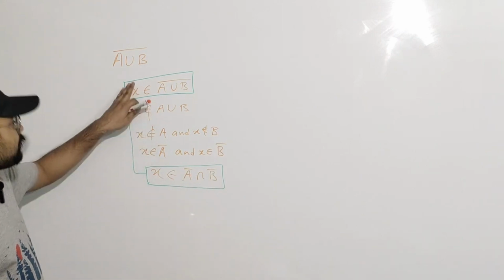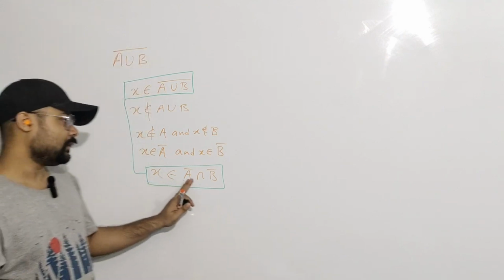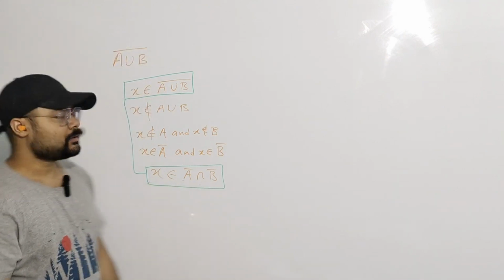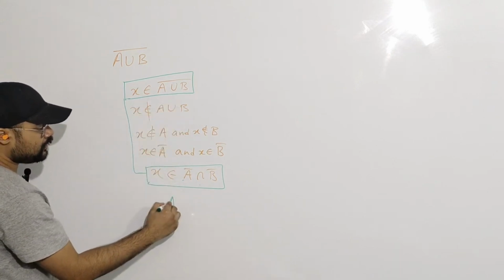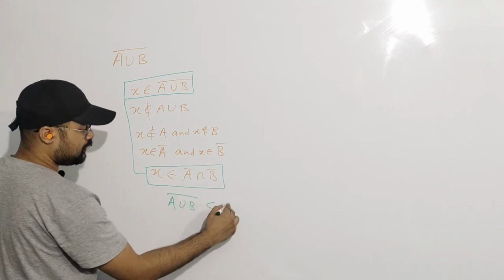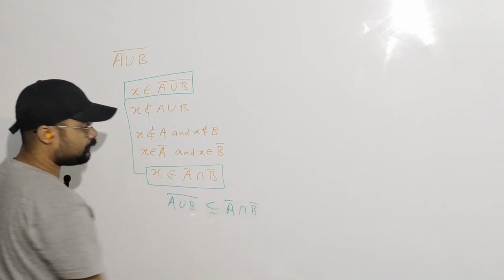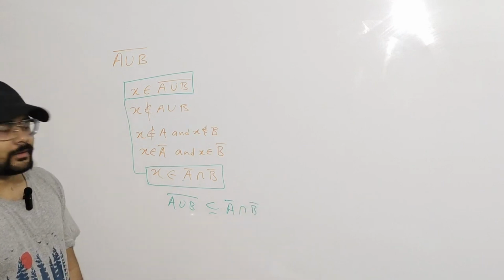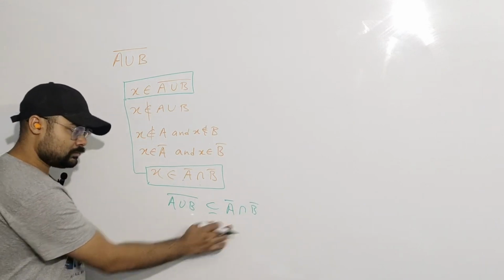Okay, so every element of A union B complement is also an element of A complement intersection B complement. So this means that A union B complement is a subset of A complement intersection B complement. Okay, actually we will see that they are equal.